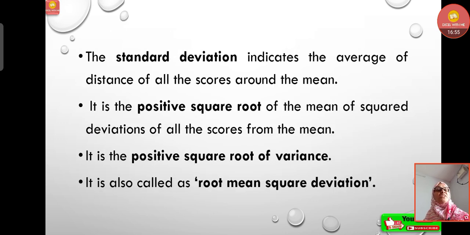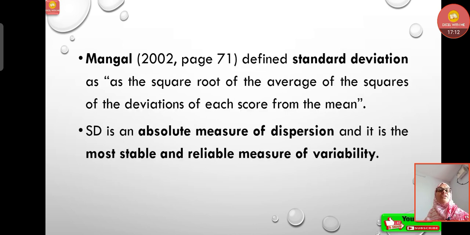Now, the standard deviation indicates the average distance of all the scores around the mean. It is the positive square root of the mean of squared deviations of all the scores from the mean. It is the positive square root of variance. It is also called the root mean square deviation. Now, let's see the definition given by Mangal.